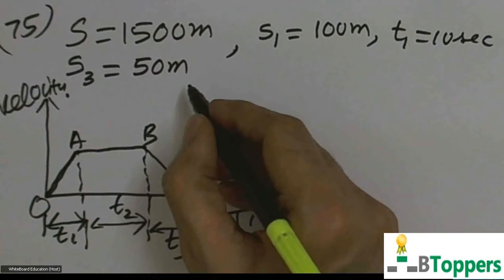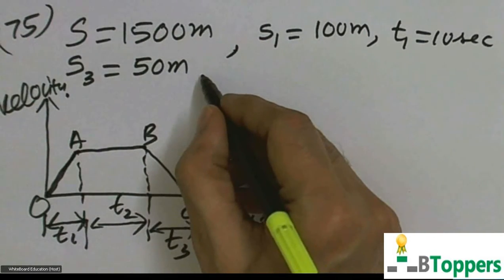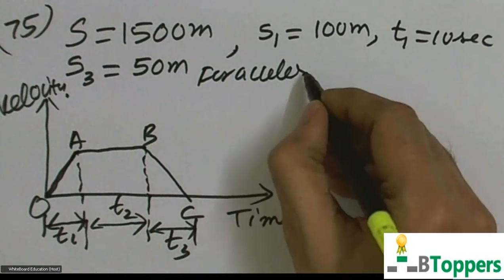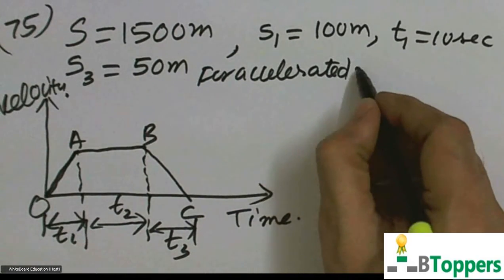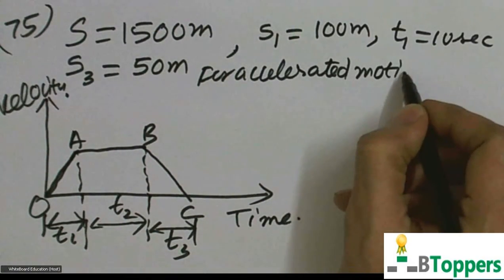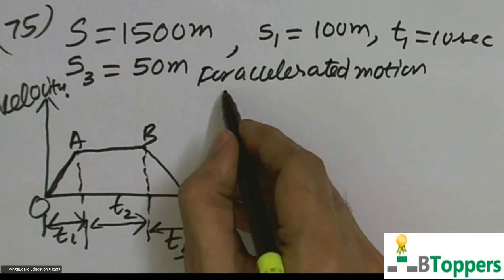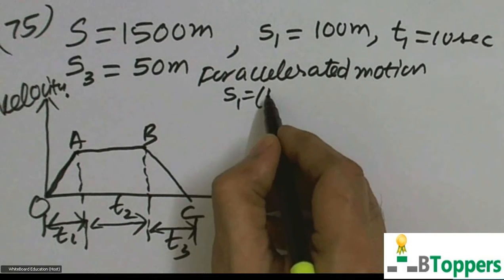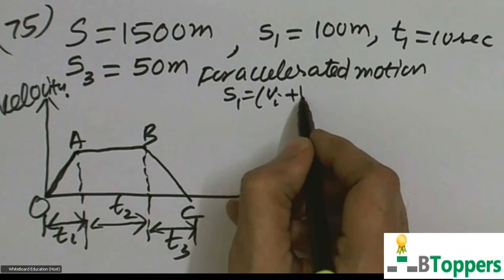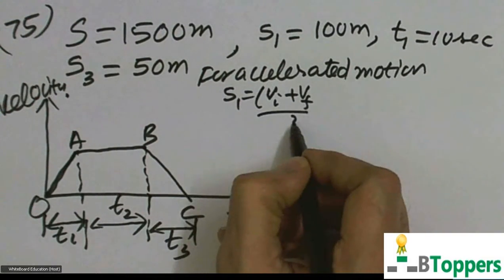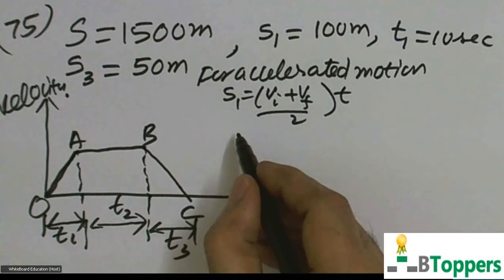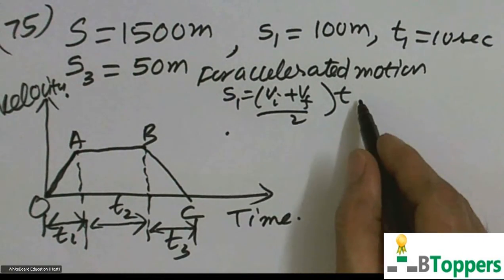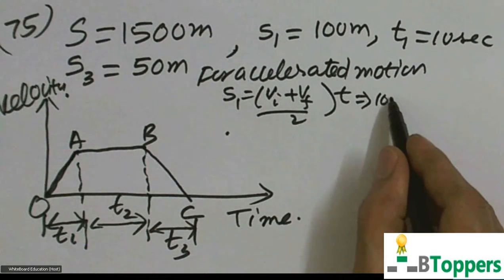Now see the displacement covered for accelerated motion. You can use the formula: displacement is equal to the average of initial and final velocities multiplied by the time interval. Displacement covered during accelerated motion in the first part of the motion is 100 meters.